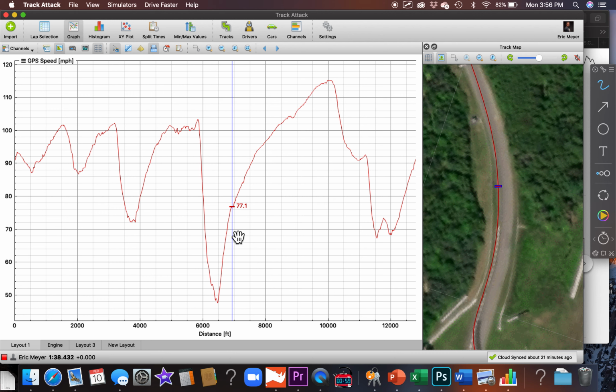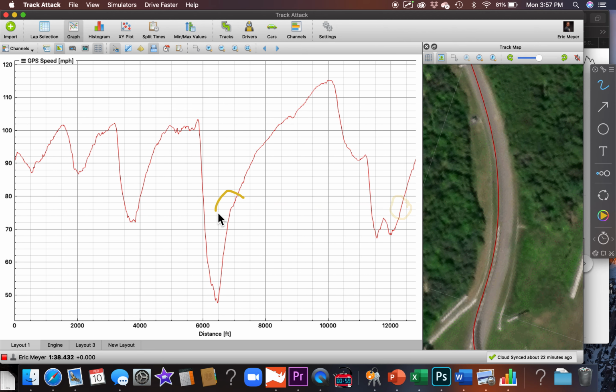Well, that might be a shift to third. Could be. This is a really slow corner. Sometimes it's second, third, it might be fourth. But at that 77 miles an hour, you normally have one over here too, and one over here too when the car is accelerating. And I don't see that, right?